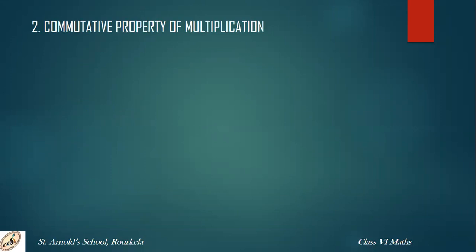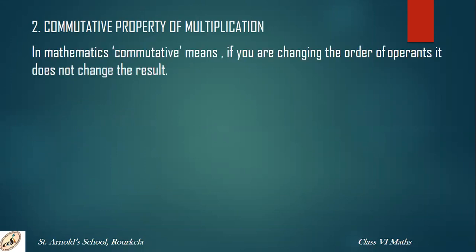Moving on to the second property, that is commutative property of multiplication. In mathematics, commutative means if you are changing the order of operands, it does not change the result. Let us take the same example. 5 multiplied by 4 gives 20, which is also a whole number.